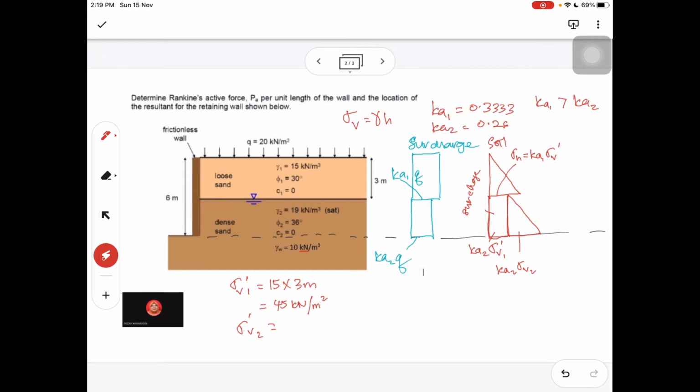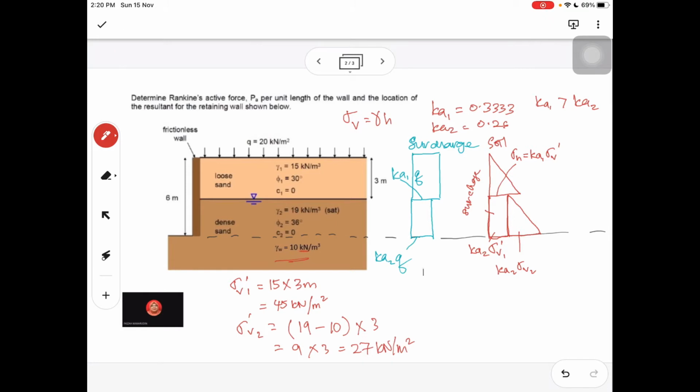So for the effective unit weight, it will be 19 minus 10, the unit weight of the water, times the height, 3 meter, so equals 9 times 3, 27 kilonewton per meter square.